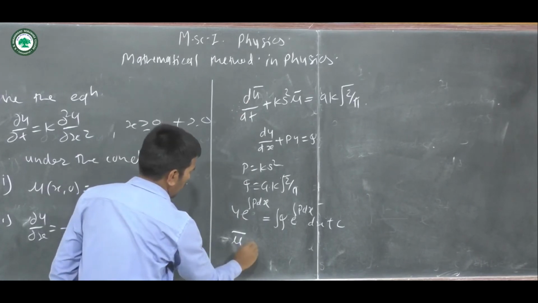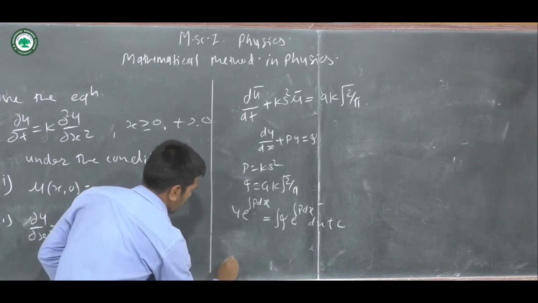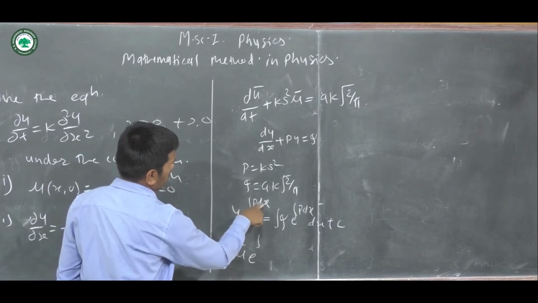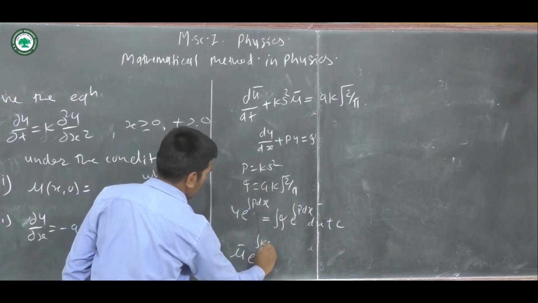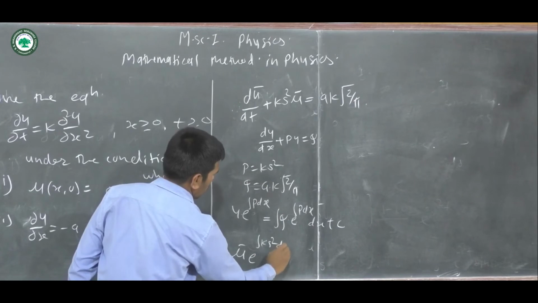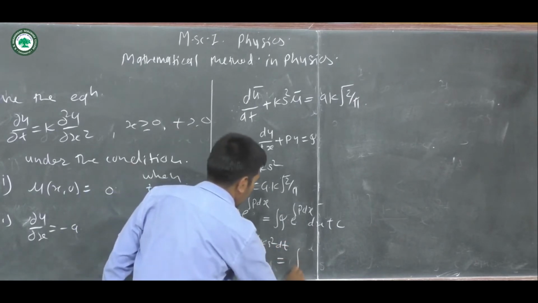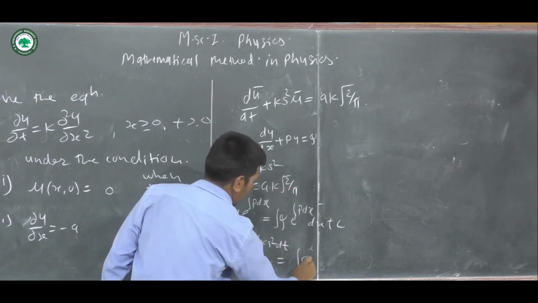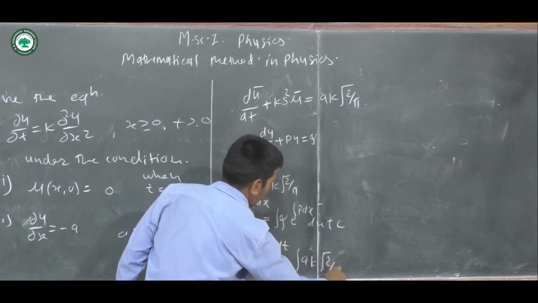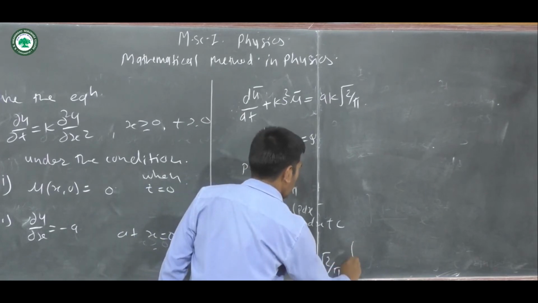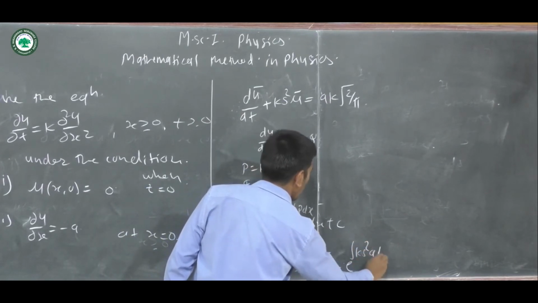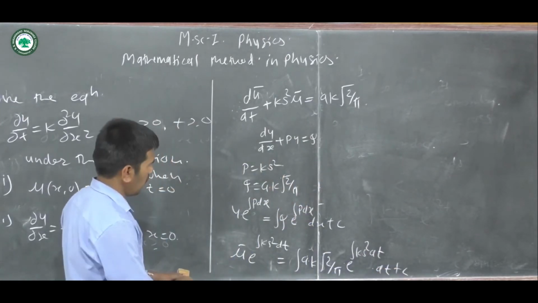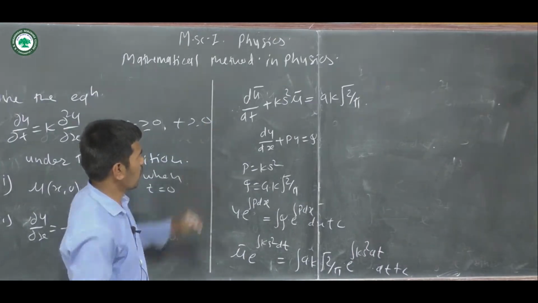and e raised to integration of p dx. So p is k square and the dx is nothing but dt, is equal to integration of q, which is a into k under root 2 over pi, e raised to integration k square dt into dt plus c. Okay, so this is the general expression for this solution.